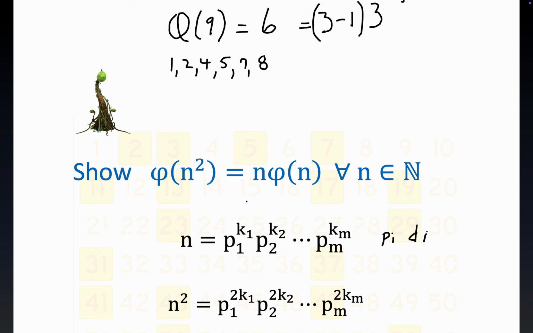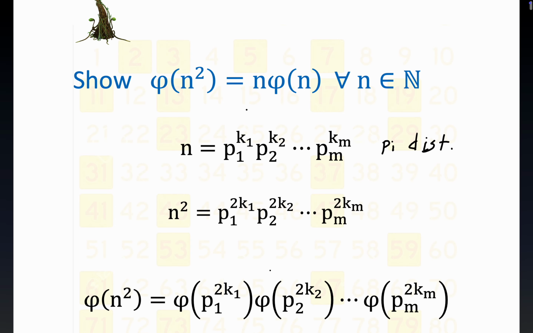And the k's are just natural numbers, greater than or equal to 1. Okay, so I'll just write distinct there, abbreviated. Now, since we're interested in what happens to n squared, we square each of the exponents. That's just laws of exponents. You elevate it to that power, and then you can multiply the exponents, and so this is the final result.